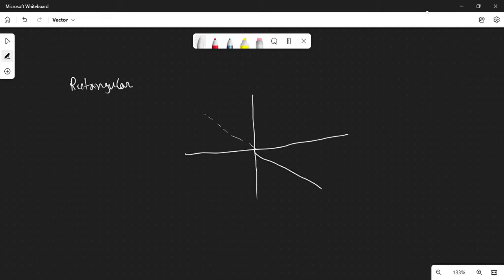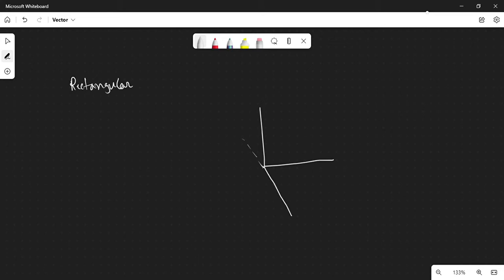So this is a graph of the Cartesian coordinate system, where the z-axis is coming out of the picture. Let's assume that.